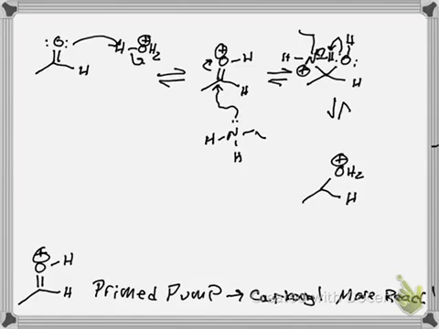Now, we've turned that OH into an OH2. As we all know, that's a very spiffy leaving group. Now, we got to find some way to knock this off. And this is going to be what separates the imines from the enamines we're going to talk about in a couple minutes. So, how do we knock this OH2 off? Well, I'm sorry I don't have more room here, so I'll do my best.